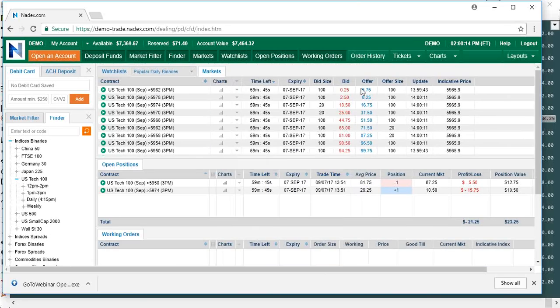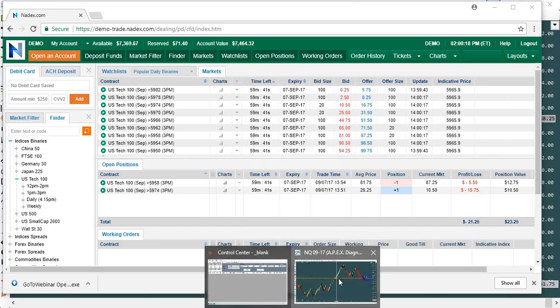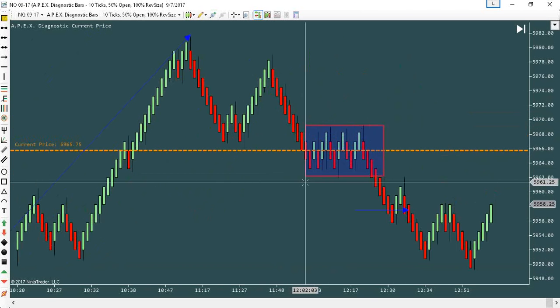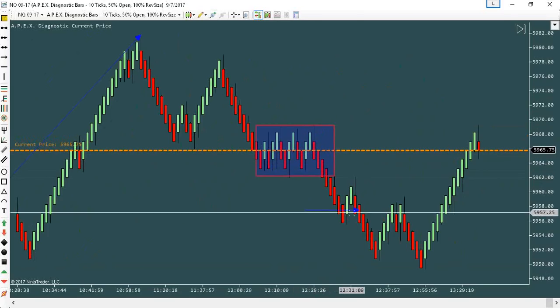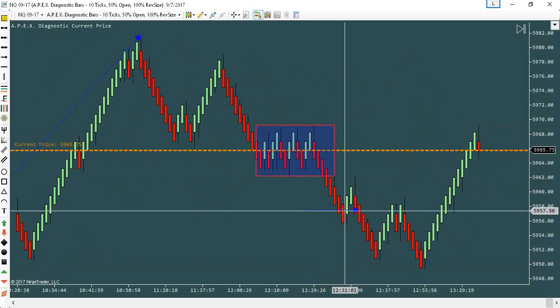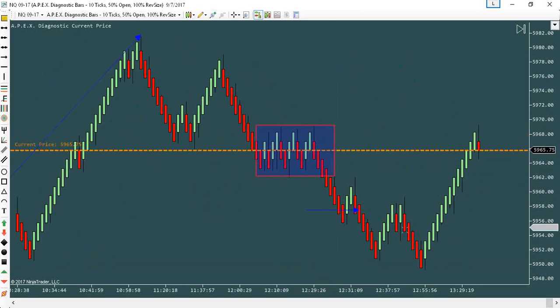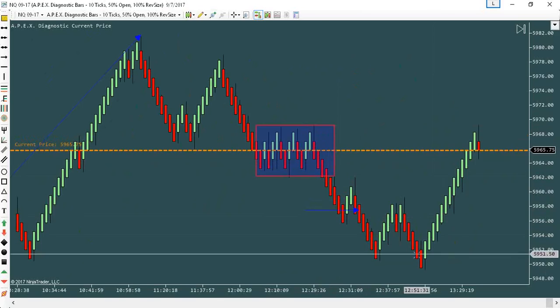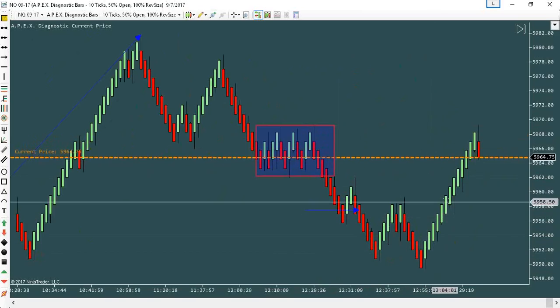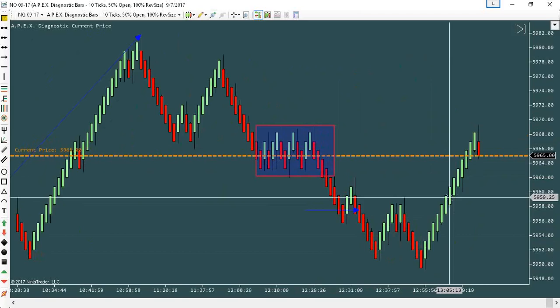Okay. So let's say, for example, that I took this trade and I risked about 30 bucks. And what I want to do is I don't want to hold to expiration. I don't want to be greedy and try to get every penny I can and then have the market go against me and I'm at zero.